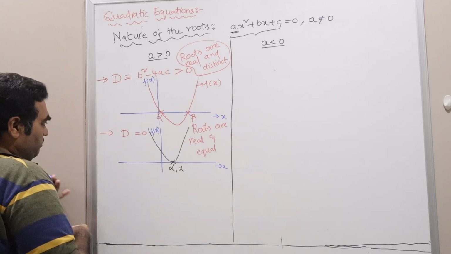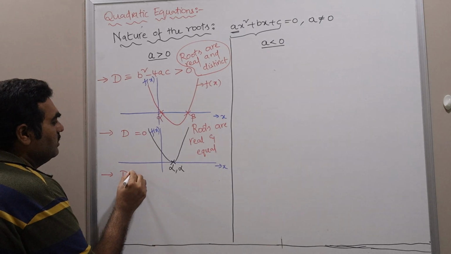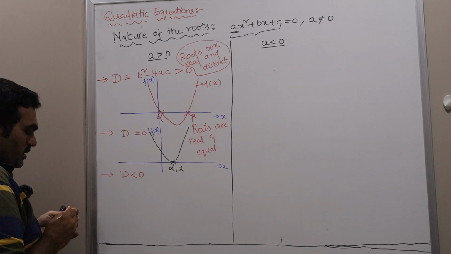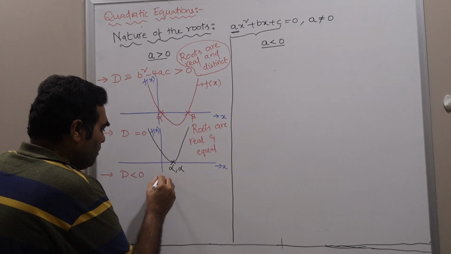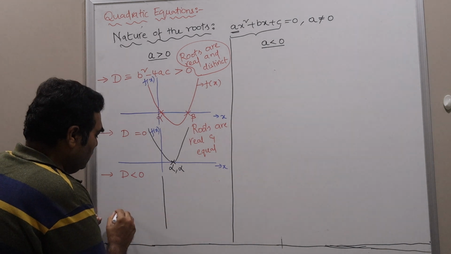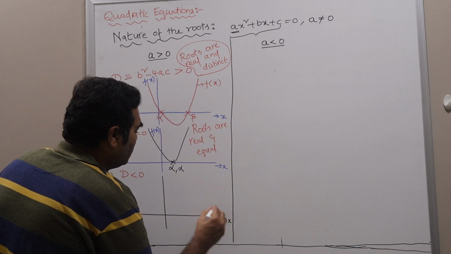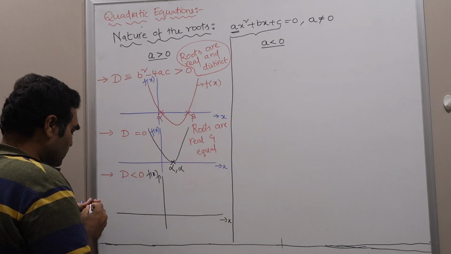Third case, D less than 0. The discriminant is negative. In this case, if I plot the function f of x with respect to x, it looks like this.